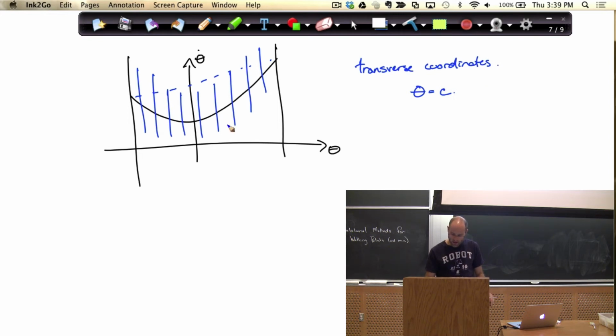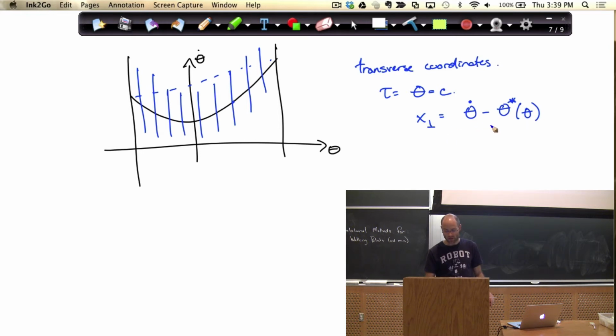I can define x perpendicular to be the theta dot coordinate, but relative to my nominal trajectory of interest, which is parameterized completely by theta. Theta is now taking the role of tau.